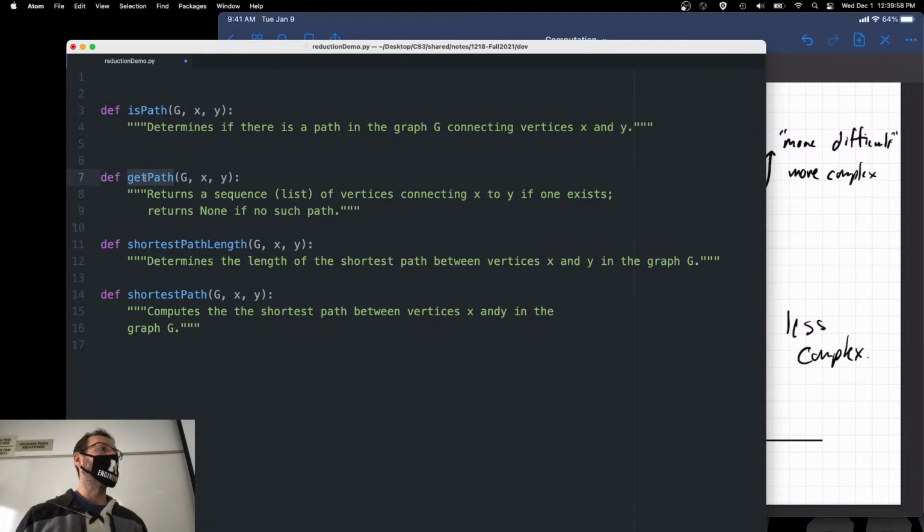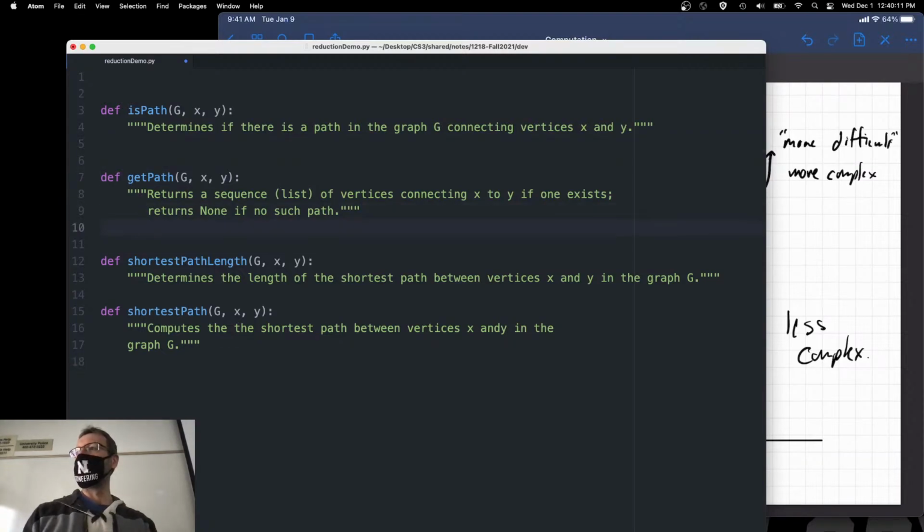Suppose somebody did this for you. So you're teaming up with a partner, and they draw the short straw, and they end up having to implement this one. So suppose that this is done. Assume this is done. It's not real code. How do I implement is path? Yeah. Get path.